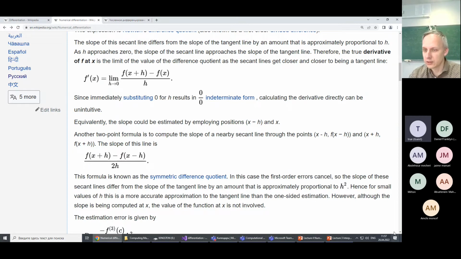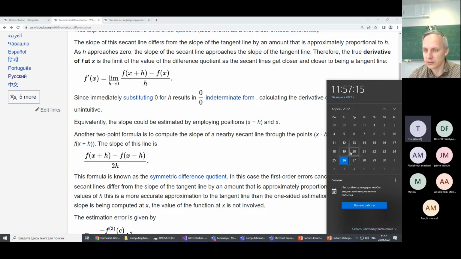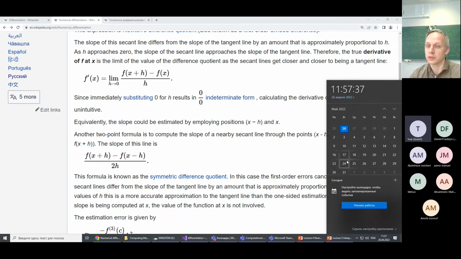And the lesson after next week, on May 10, as I know, May 10 will be a holiday. May 3 will be an ordinary lesson, and May 10 will be a holiday, so we have two final lessons here.